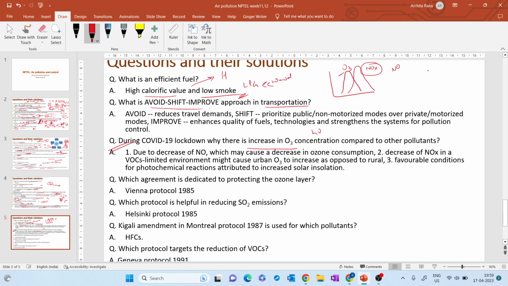So for this NO to convert into NO2, you need an oxygen radical, which comes from ozone. Now if the production of NO is decreased, then however much O radical is there, the production of NO2 will not happen.